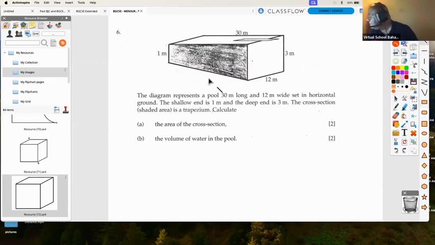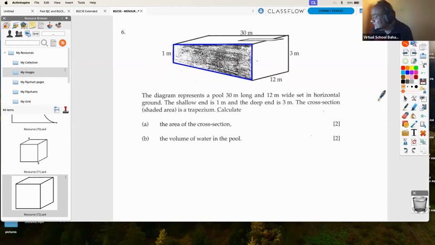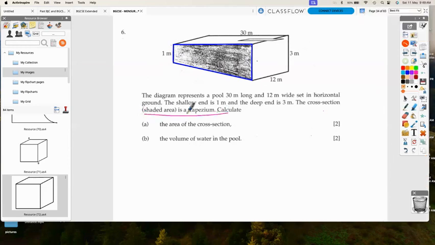This here is the cross section that I'm going to draw. So we have to calculate the area of this blue part because that is the cross section. Who wants to tell me what shape that is? It's a trapezium.